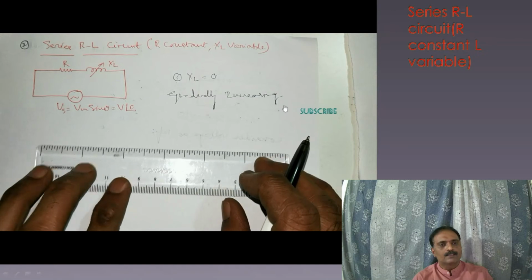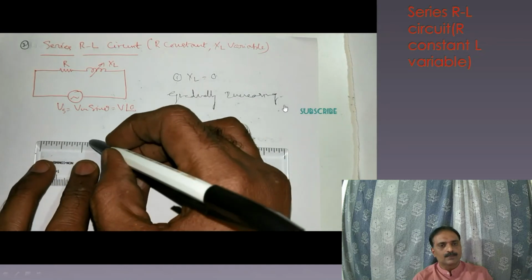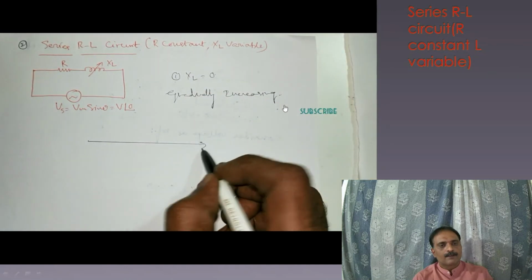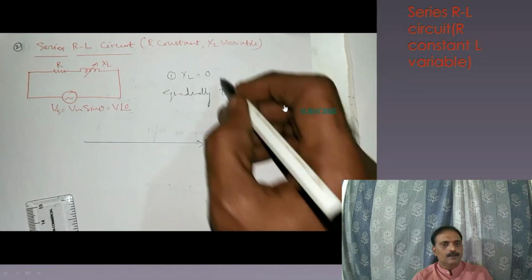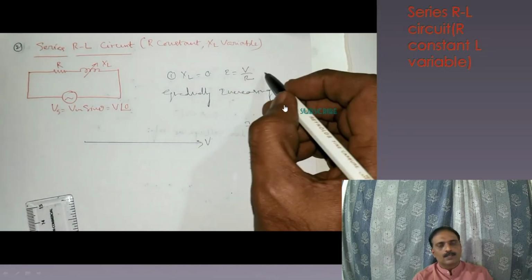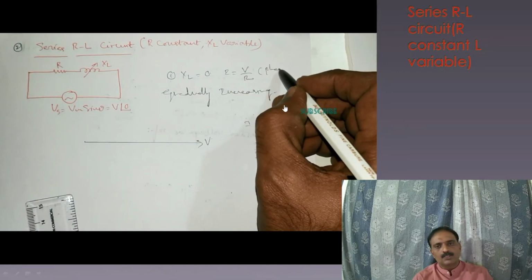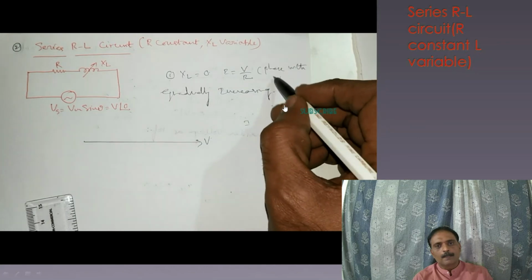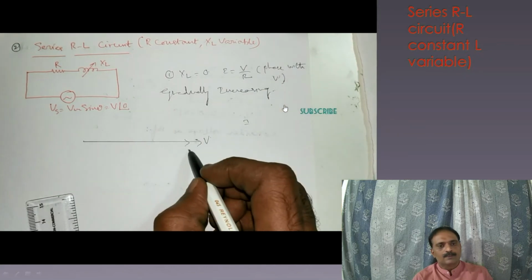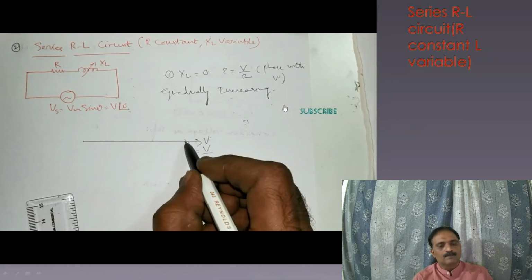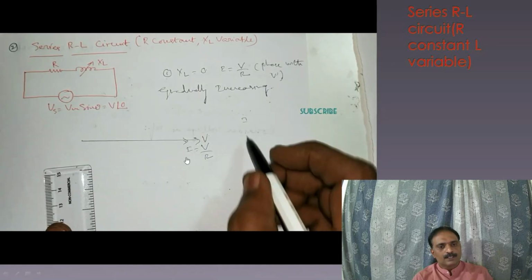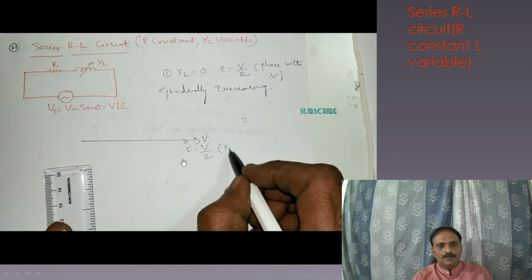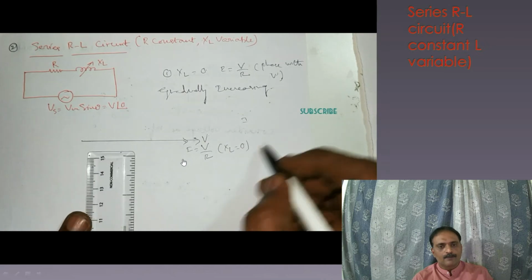So again consider voltage as the reference vector. And we know I is equal to V by R when reactance is equal to 0, in phase with the voltage. So this is going to be I, and slowly as the reactance increases, the current is going to lag behind the voltage by some angle.